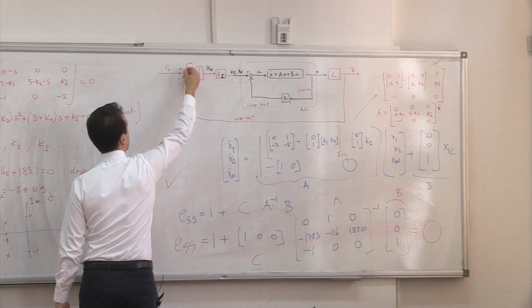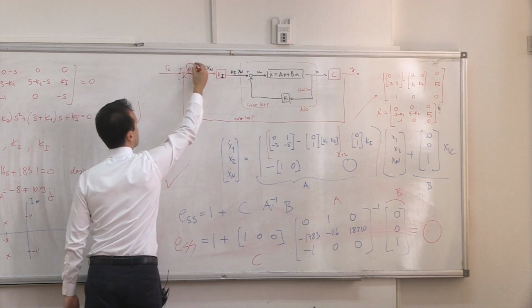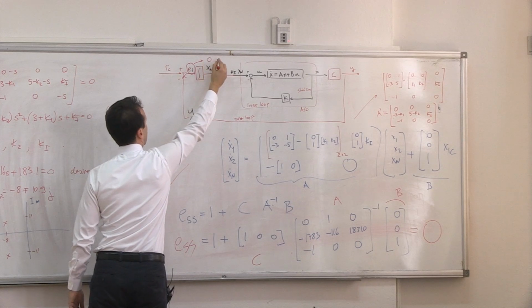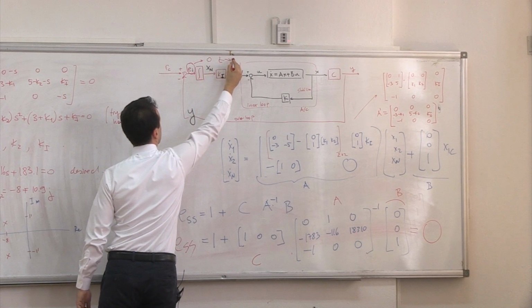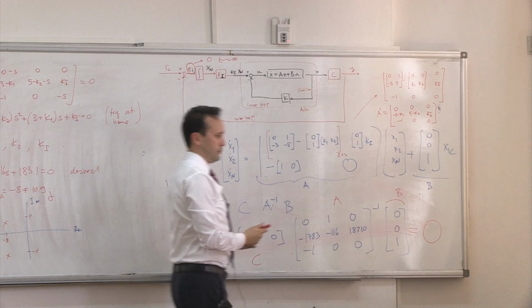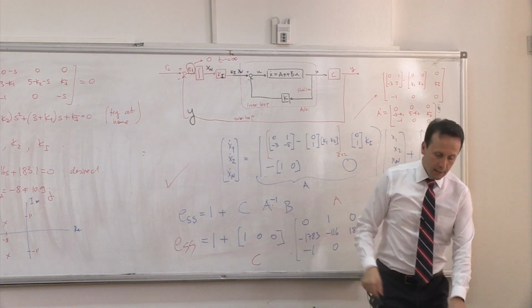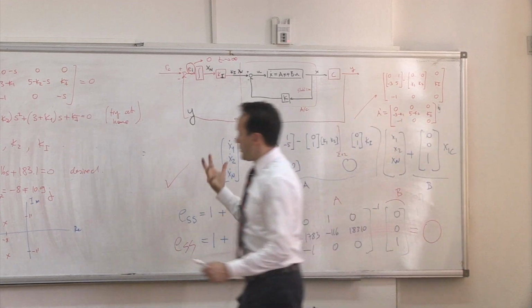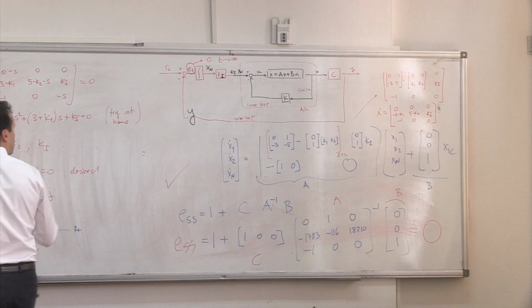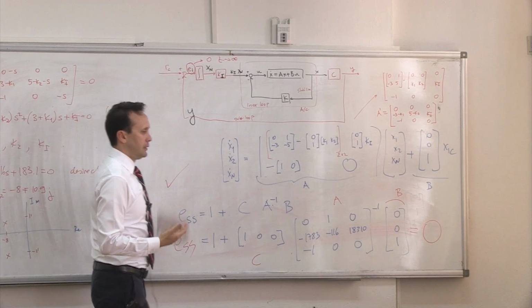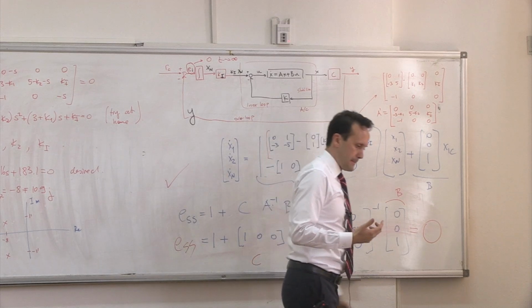Basically, this will go to 0 as time goes to infinity. And this is exactly what we wanted. So, as time goes to infinity, the system will track this signal, RC.